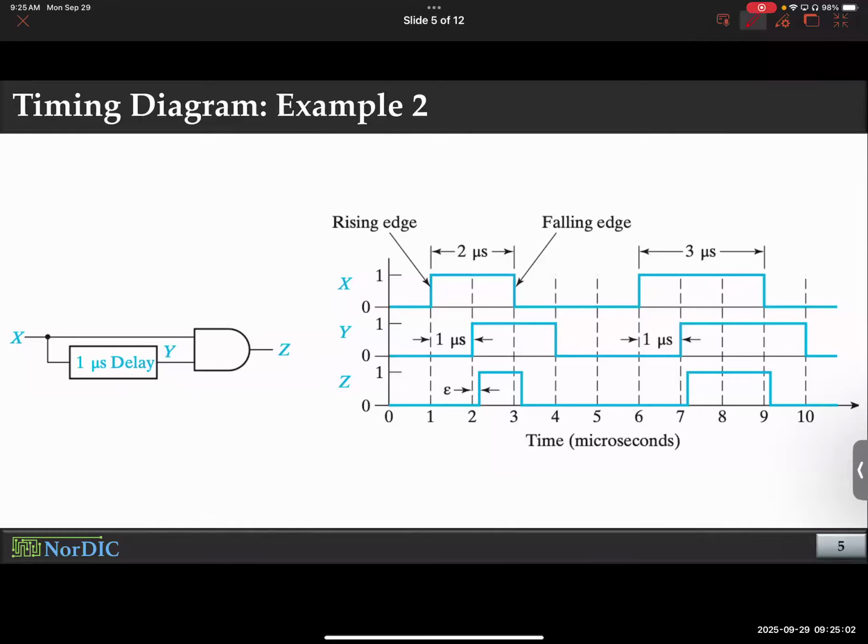But because of that shift between these two inputs, X and Y, your Z doesn't know that you really meant to give the exact same input. It basically reacts to what it sees at the input terminal. And at the input, notice here, right here, oh, sorry, not this one.